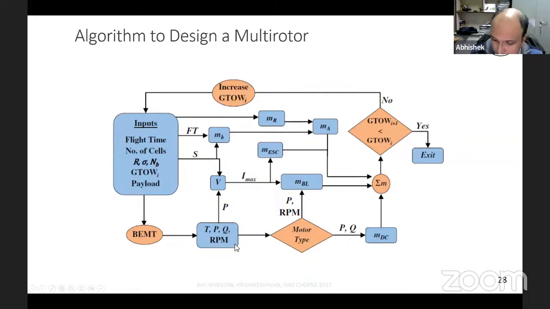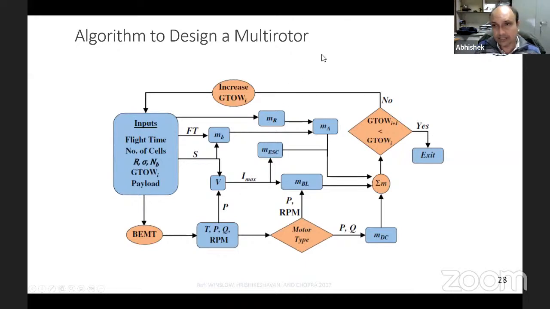I have also made a choice for RPM, the nominal RPM at which I'm operating. So from that, I know my voltage and I know the power. So power divided by voltage will give me the current requirement.